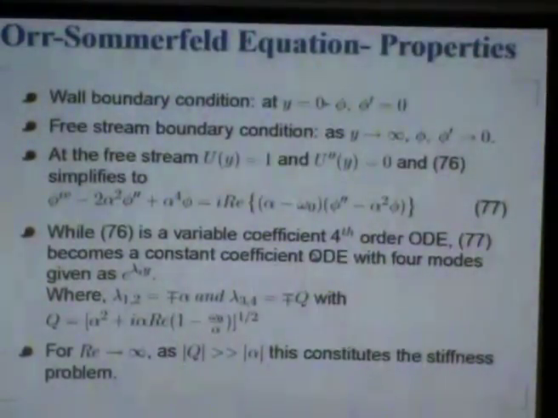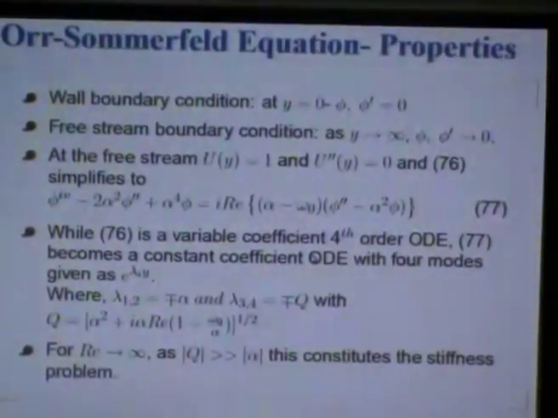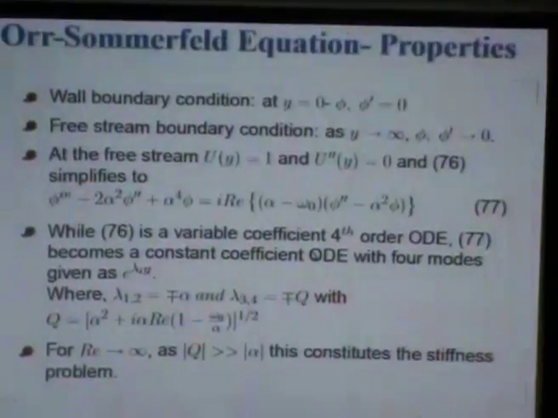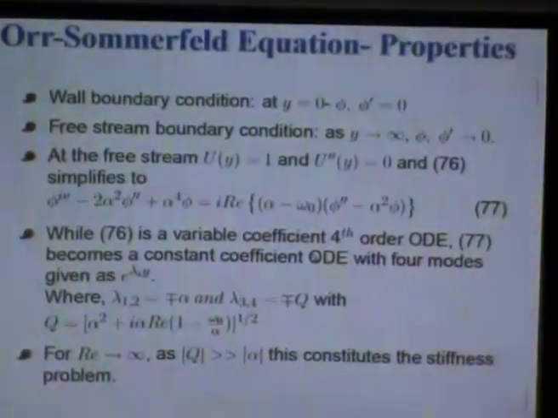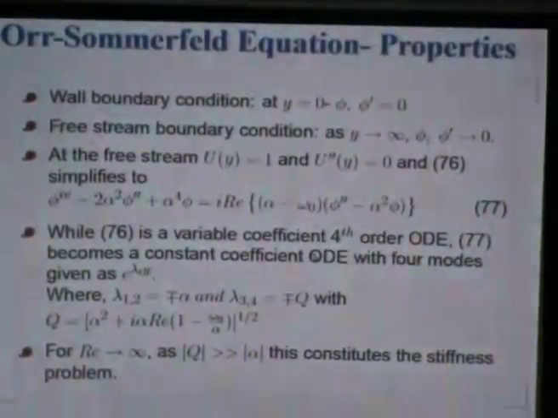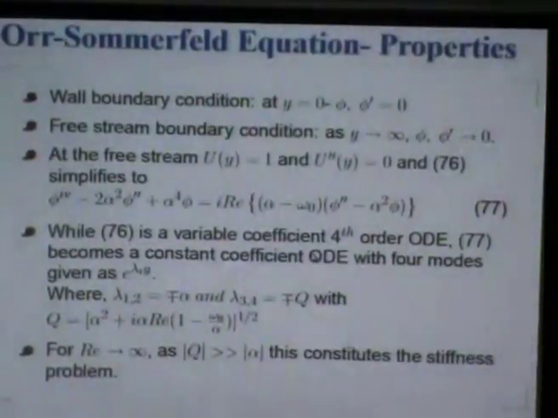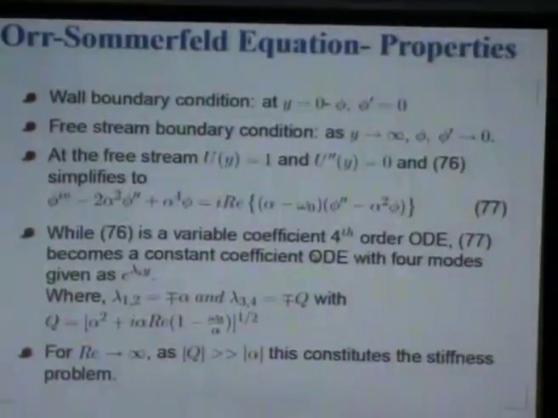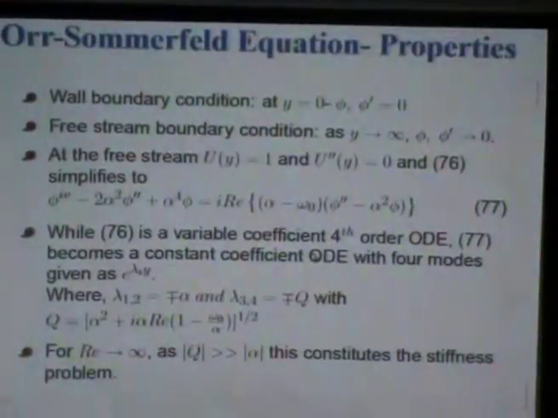Lambda 1 is admissible, because that is the solution which will decay as e to the power minus alpha y. Same way, you can see I am extracting a square root from this quantity. So, one of them will be positive, one of them will be negative, and the one with a positive real part would again grow with y, and that will be inadmissible. So, what you are seeing is that although it is a fourth order system, only 2 modes are admissible.